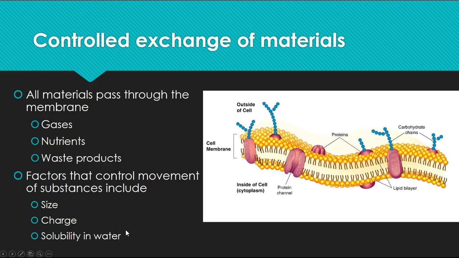Size means that only really small molecules can be exchanged freely between the internal and external environment of a cell. If you want to move larger molecules, they need help, and usually that help comes in the form of a protein channel because they can't move freely.